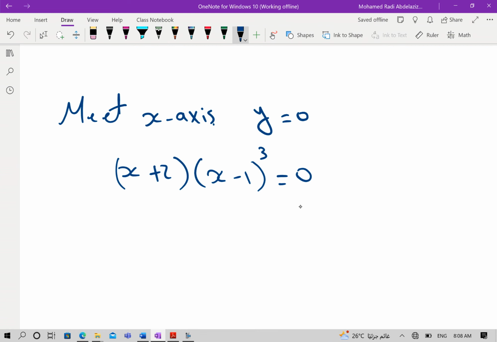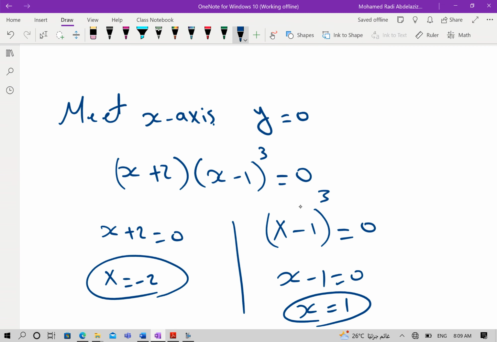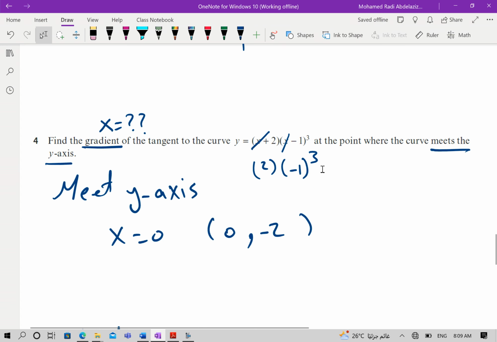We have two factors. x plus 2 equals 0, so x equals minus 2, or x minus 1 all to the power of 3 equals 0; by taking the cubic root of both sides, x minus 1 is 0, so x equals 1. We have two solutions. If I ask you to find the gradient, give me the point. If it is given, use it directly. If it is not, you will find information on how to find it, like meets x-axis, meets y-axis, meets another equation, solve simultaneously, maybe.